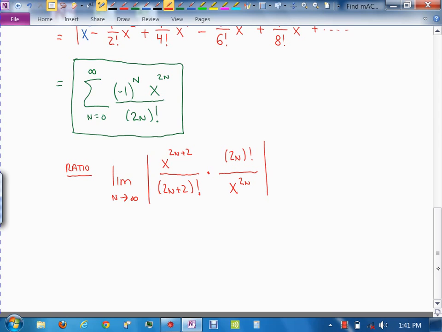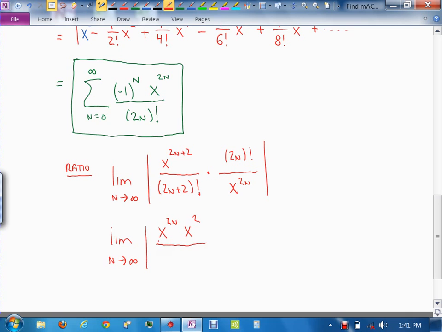Anybody have a question on how I set that up? How can I rewrite this top left so I can get cancellation down here? Separate it. What would it be separated? x to the 2n, x squared, over.